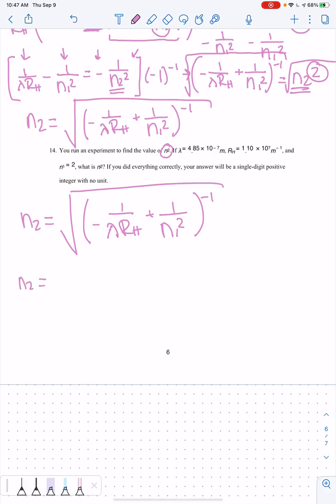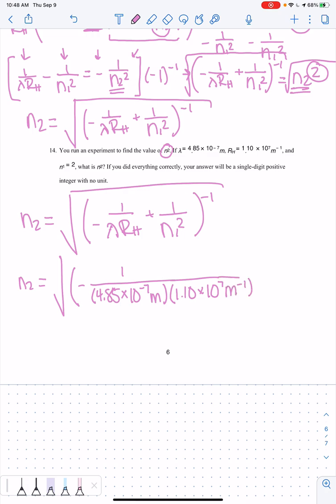So we have N2 is equal to big square root, lambda is equal to 4.85 times 10 to the minus 7 meters multiplied by RH, which is 1.10 times 10 to the 7th meters inverse, plus 1 over n1, which is 2, and that's squared. Everything is still to the minus 1 power, and then we close the square root.